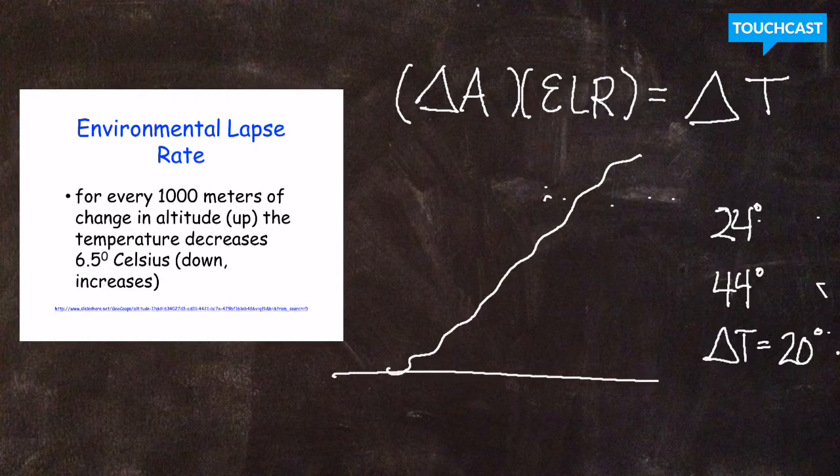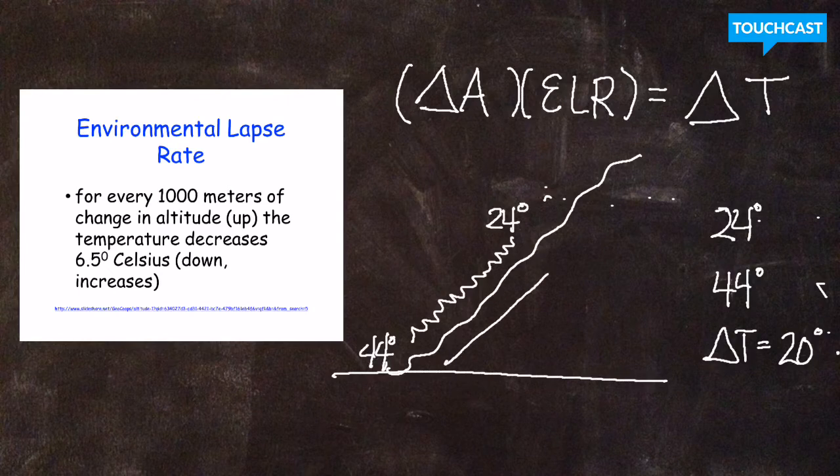So in our example, if we started here at the bottom and it was 44 degrees and we hiked up the mountain, it could be 24 degrees. So as you go up, temperature goes down. So that's the change in temperature. Delta means change of.